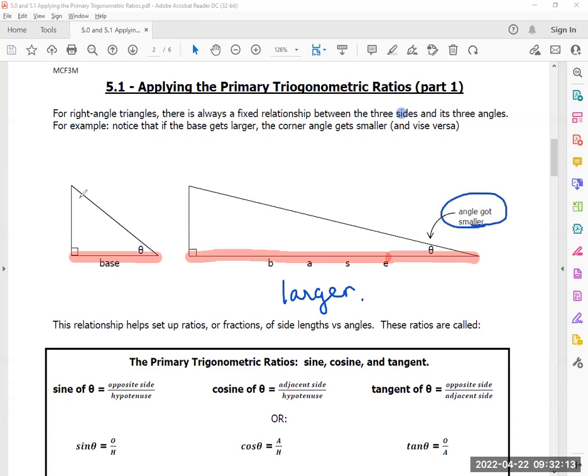But on the flip side, let's call this an angle alpha. Let's keep it consistent with the Greek letters. What do you notice about this angle? If that angle got smaller, what do you notice about the angle alpha? It got bigger. So when the far side of that alpha got larger, this angle also got larger. But the angle on the same area as the base got smaller.